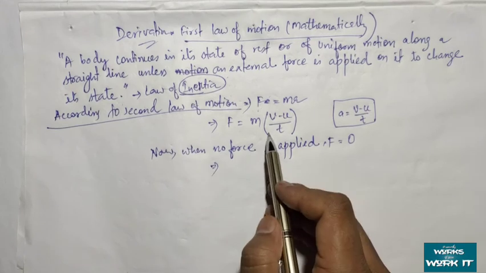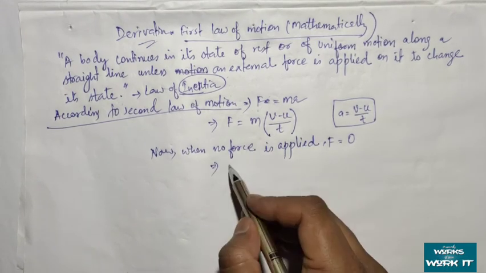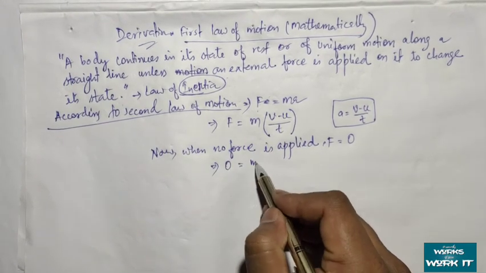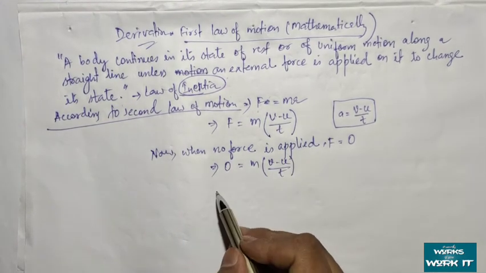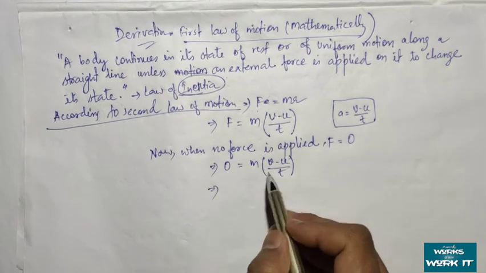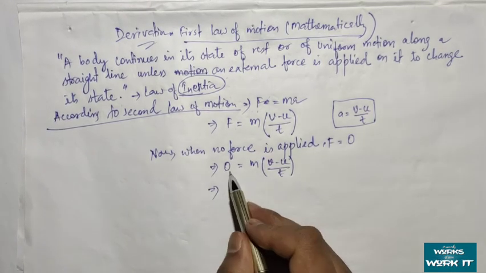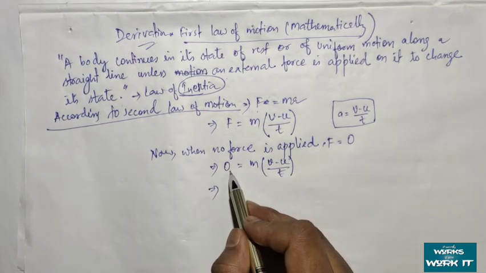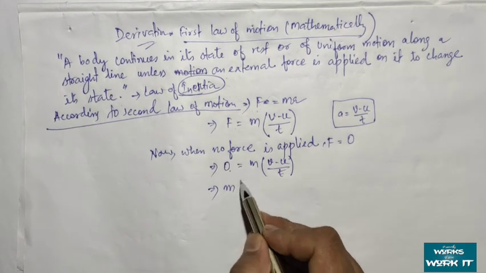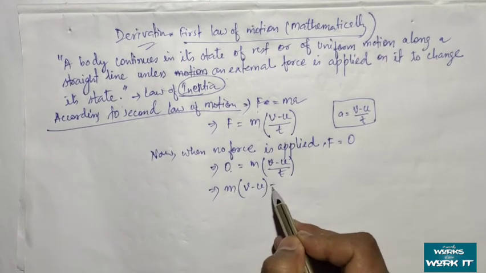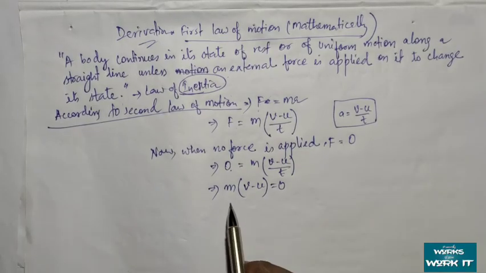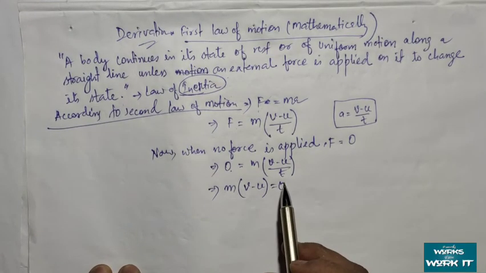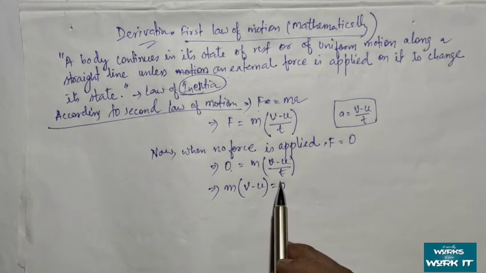So in this equation, if I place 0 in place of F, then we have m into v minus u by t equal to 0. If I send t there, it will also multiply with 0 and become 0. So it will remain m into v minus u equal to 0.